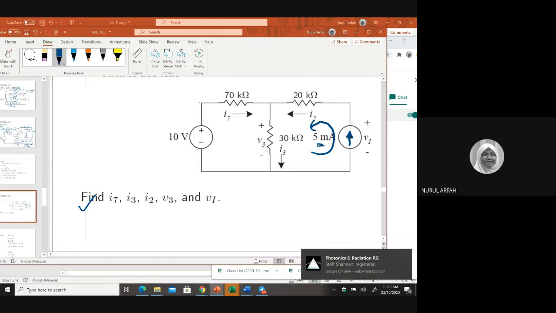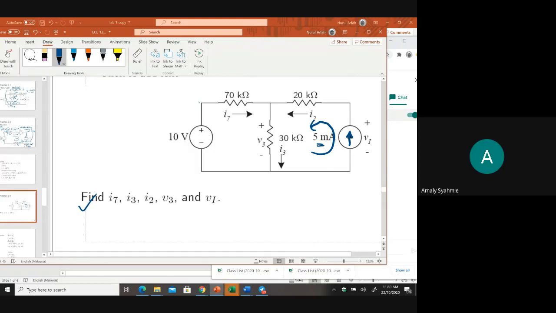And what about on the left side? What is the direction of this loop? Clockwise. How do you know clockwise? The I7. Basically, on your left side or right side, you can put any direction. It's up to you. Don't worry. But please follow passive sign convention.